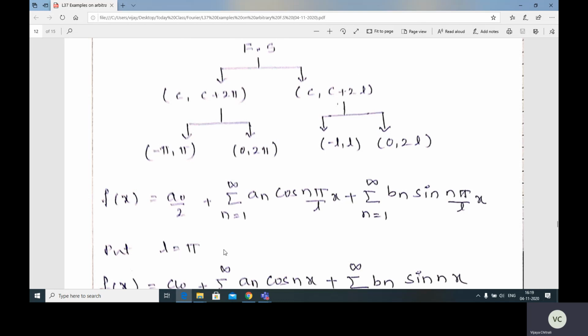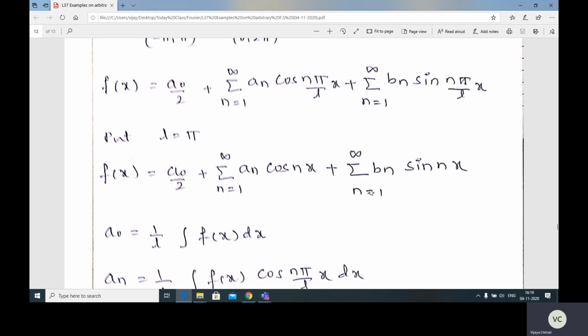So substitute L is equal to pi, you will get a Fourier series having period 2 pi. So f of x is equal to a naught by 2 plus summation n is equal to 1 to infinity an cos nx plus summation n is equal to 1 to infinity bn sin nx.